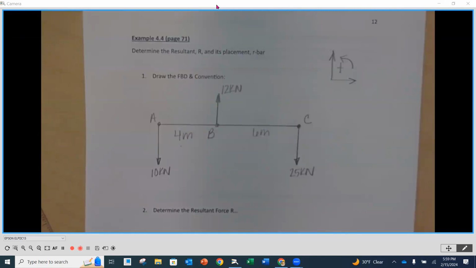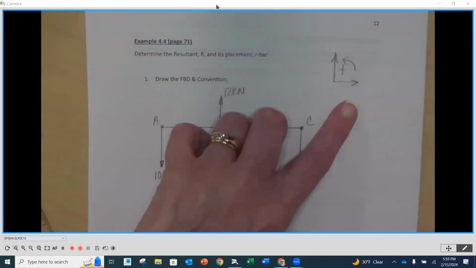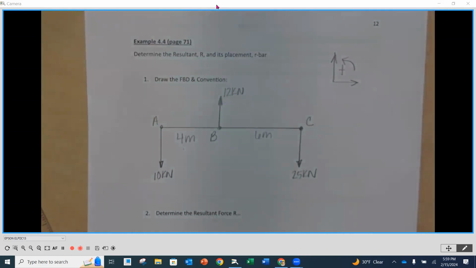Now, once we have our free body diagram and our convention in place, make sure that you add all of your forces, labels, and distances.